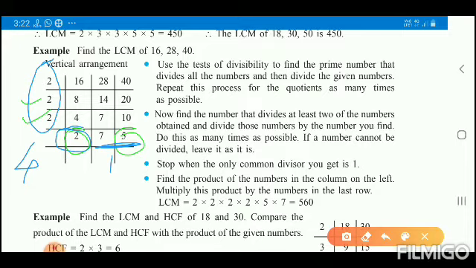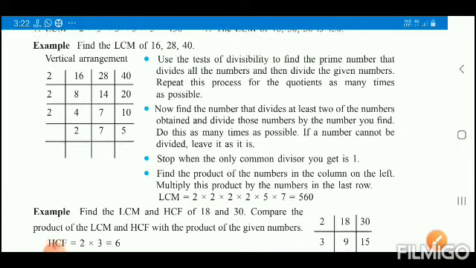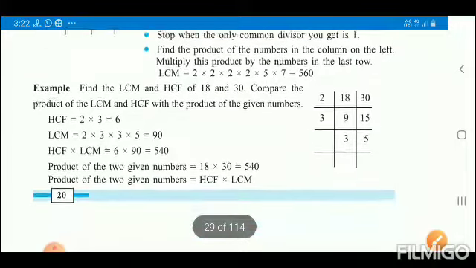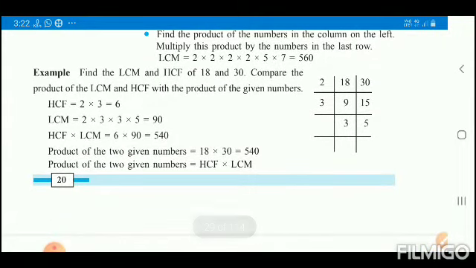So we take 2 four times multiplied by 5 multiplied by 7. So you will get the answer, that answer is 560. So the LCM of 16, 28 and 40 is 560.